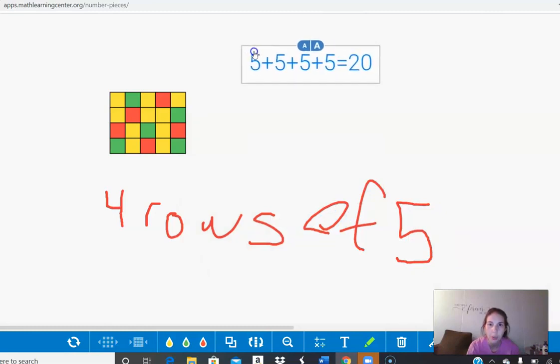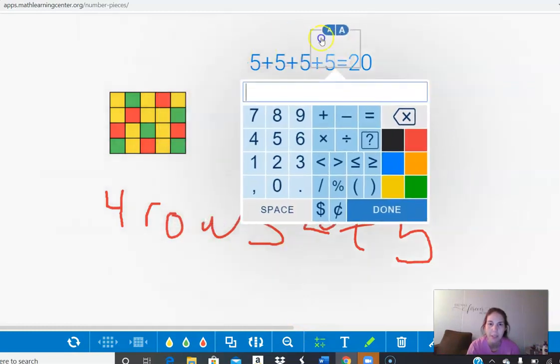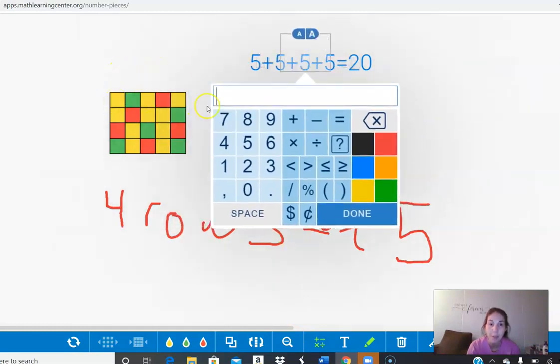Or we could have another addition sentence. What would be the other addition sentence? Can you think about what that might be? If we didn't do it by row, what else could we do it by? Do it by column. So how many are in one column? 1, 2, 3, 4. So we could say 4 plus 4 plus 4 plus 4 plus 4.